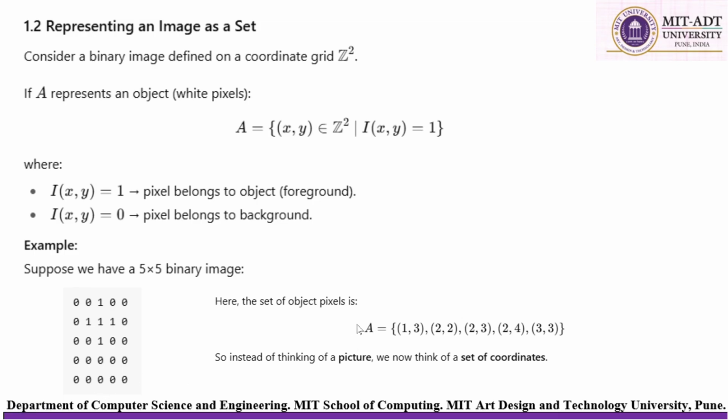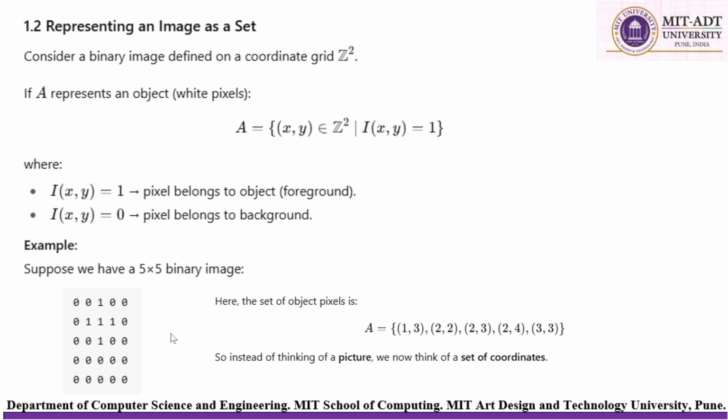The set definition for this kind of image, where the rest of the pixels have value 0, will be denoted with A is equal to, see, this is the first row and third column, so (1, 3) I can write as a pair. Then another one, (2, 2), which also has value 1.